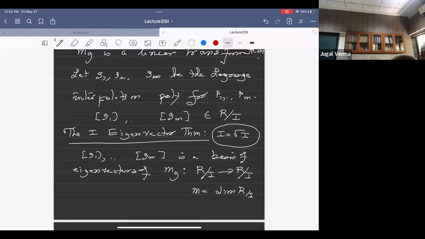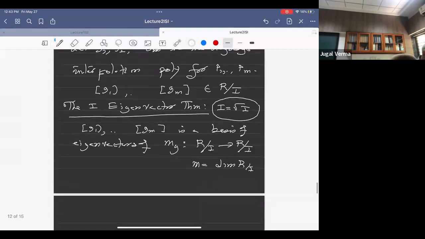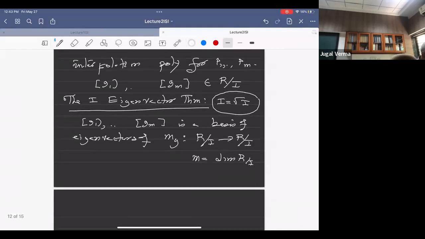So I take now the multiplication map by an arbitrary polynomial g from R mod I to R mod I. The first eigenvector theorem says that the residue classes of the Lagrange interpolation polynomials give me a basis of eigenvectors of Mg. Now, if you know eigenvectors, you can find eigenvalues also, right? Simply operate your Mg on these basis vectors. So you can ask, what are the eigenvalues?